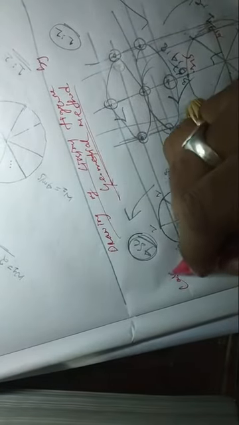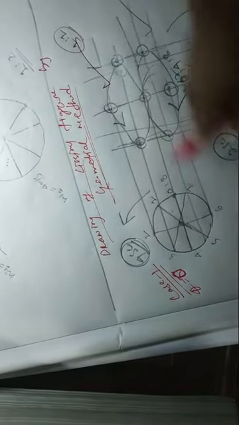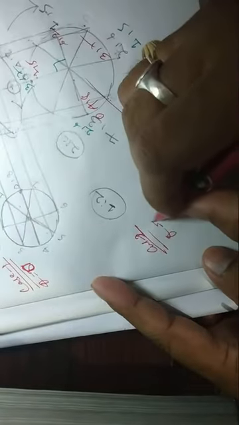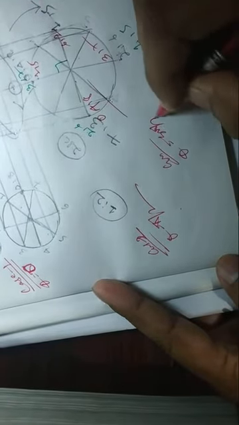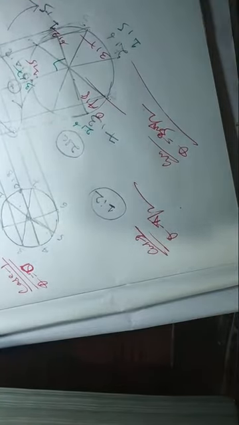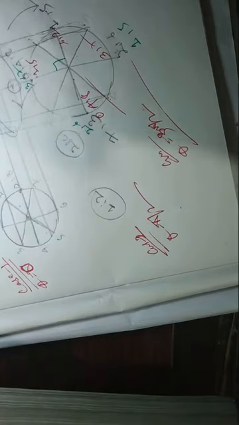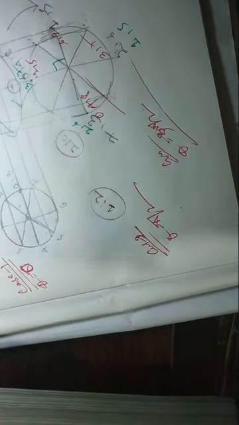For case 1, theta is equal to 0, you have to draw this figure that I drew. Then case 2, theta is equal to pi by 2, another figure. Case 3, theta is equal to 3 pi by 2, another figure. 3 figures you have to draw and upload, that I have to check. Okay, thank you.